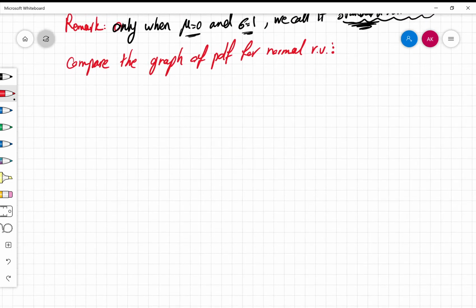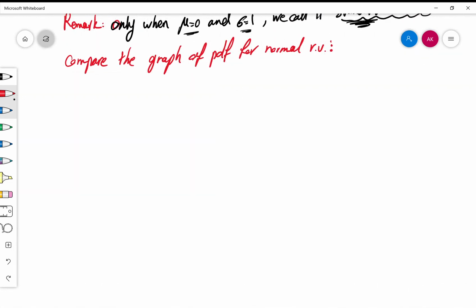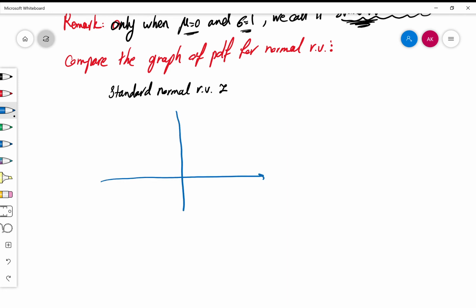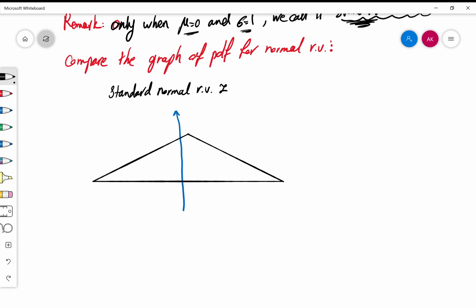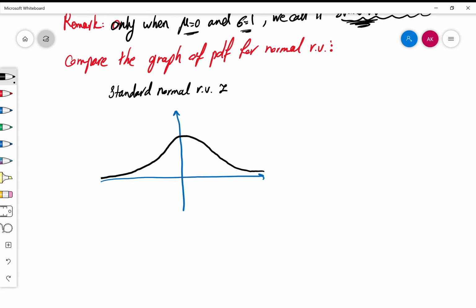Remember, for the standard normal random variable Z, this is the x-axis, this is the y-axis. That was the bell-shaped graph, which was symmetric with respect to the y-axis.